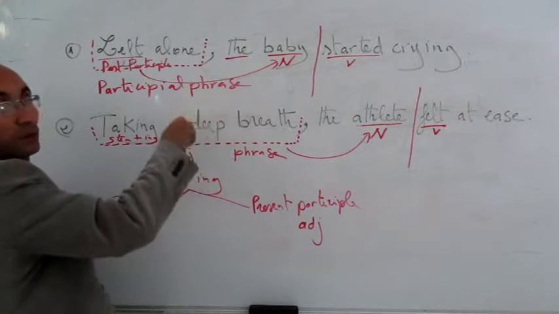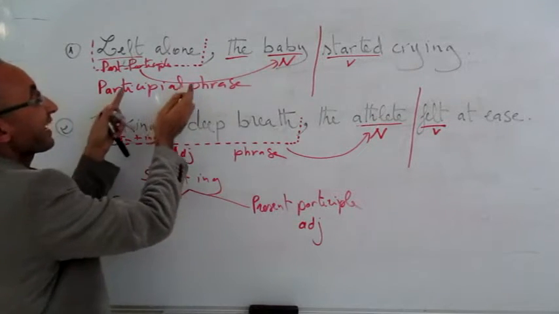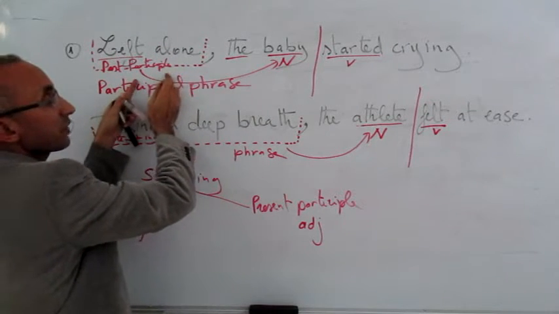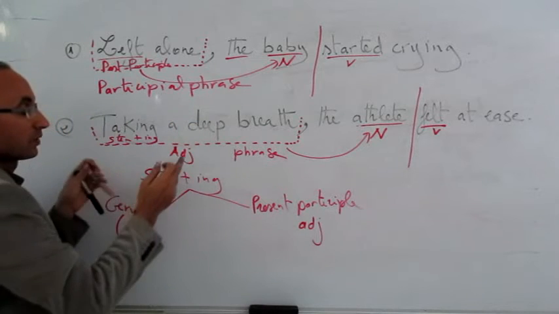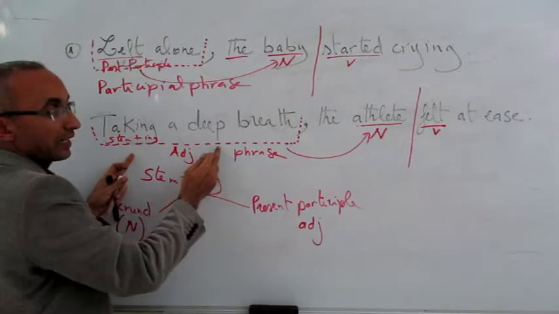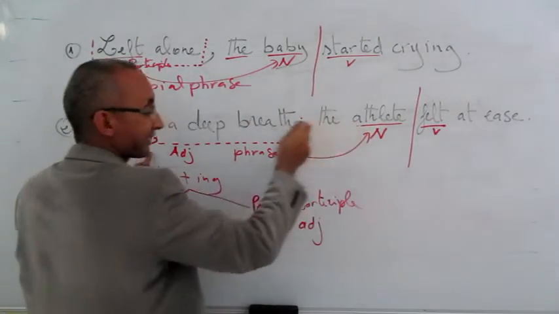Like in the first example, the phrase refers to and modifies a noun, so it acts as an adjective for this noun. Left alone is an adjective for baby. Here also, this phrase refers to and modifies a noun, so it acts as an adjective for the athlete.